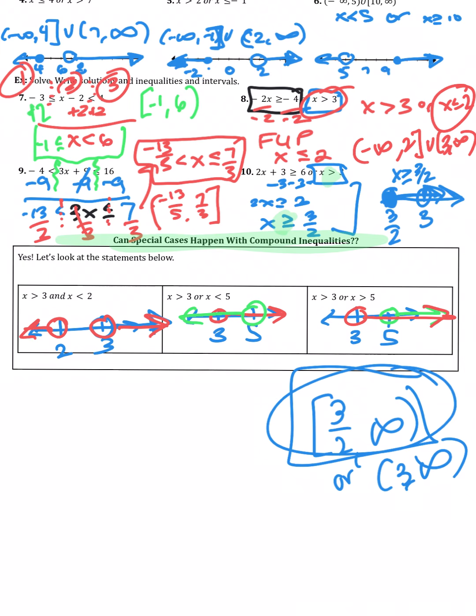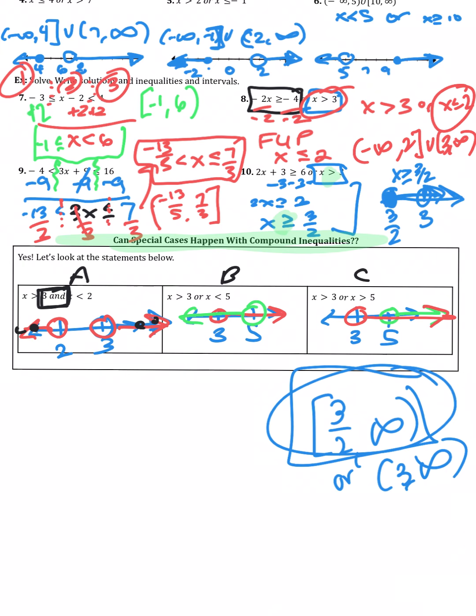Okay, I'm going to label these. Let's call this A, B, and C. For A, this looks like an OR graph. X is greater than 3 and x is less than 2. So in order for AND to be true, that means that both things need to be true. Is there a number that I could possibly plot on this number line that is true in both of these inequalities?